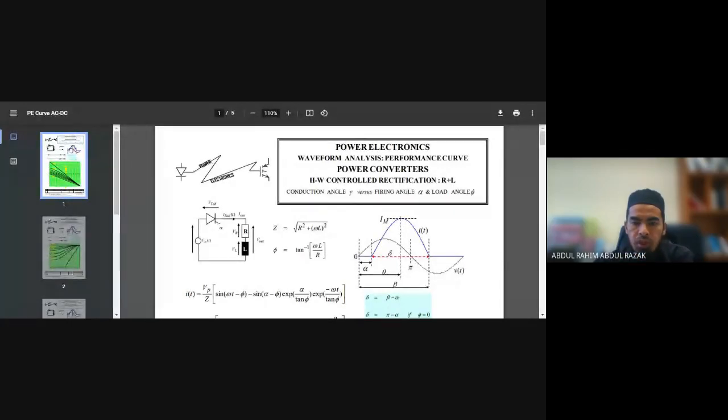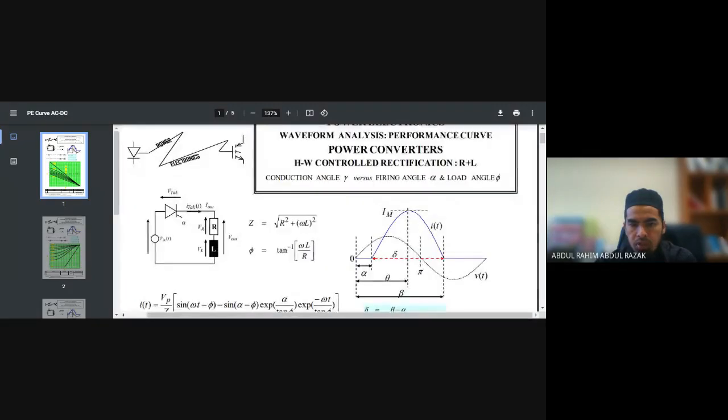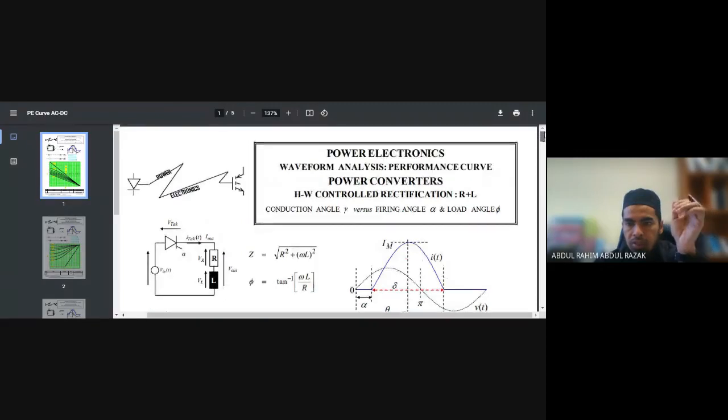So this is for controlled rectification. Actually, the diode and SCR have almost the same response. So if you use an SCR, you are able to control the triggering or alpha angle here. But if you use a diode, the alpha will automatically be 0, meaning it will conduct once forward biased.